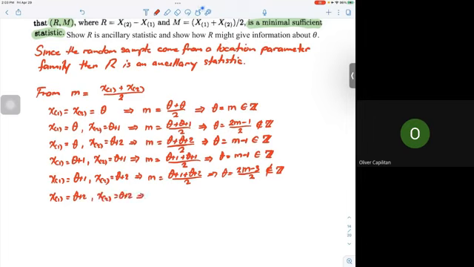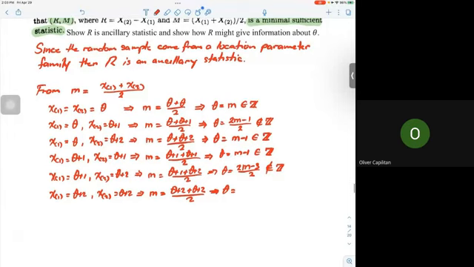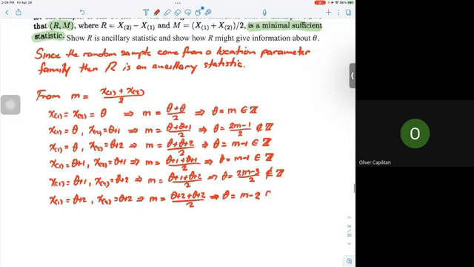So this implies that m is equal to theta plus 2 plus theta plus 2 divided by 2. This implies that theta is equal to m minus 2. And this is an integer.